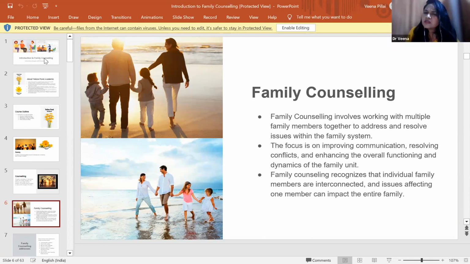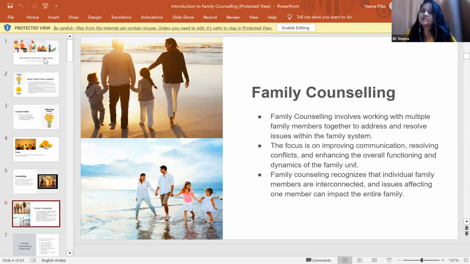Many times most of the problems are because of miscommunication or conflicts that are not resolved, and they keep piling up and create a huge rift between the family members. So family counseling helps to improve communication, resolve conflicts, and enhance the overall functioning of the dynamics.